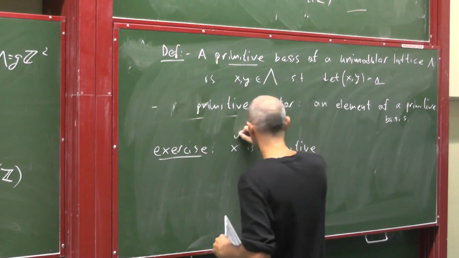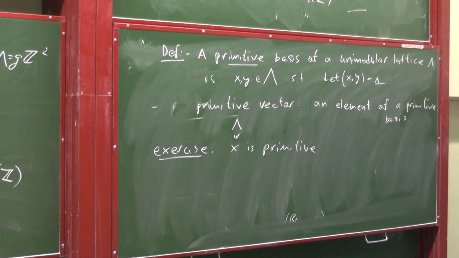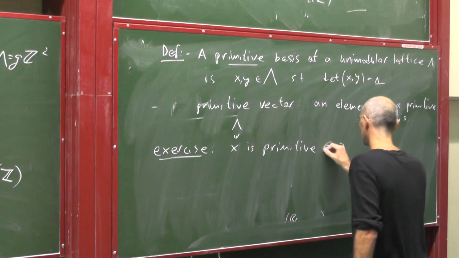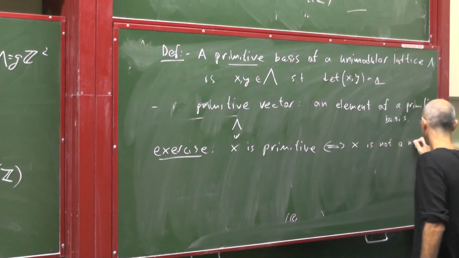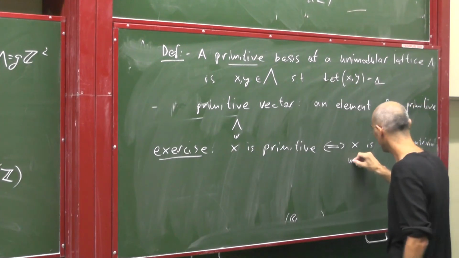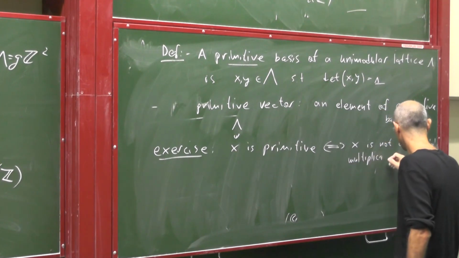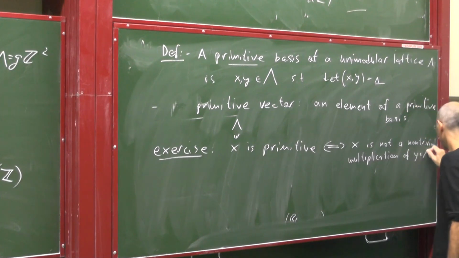Now lambda is given. Lambda is a fixed unimodular lattice. X in it is primitive if and only if X is not a non-trivial integer multiple of another guy y in lambda.